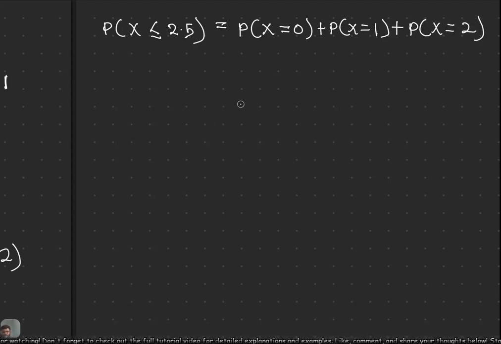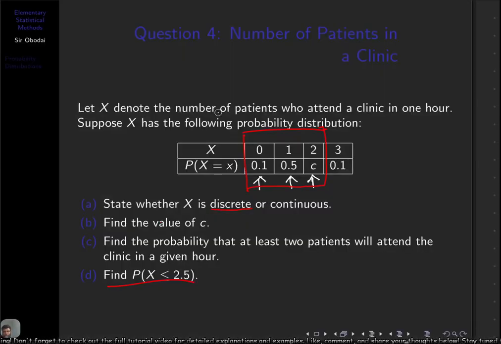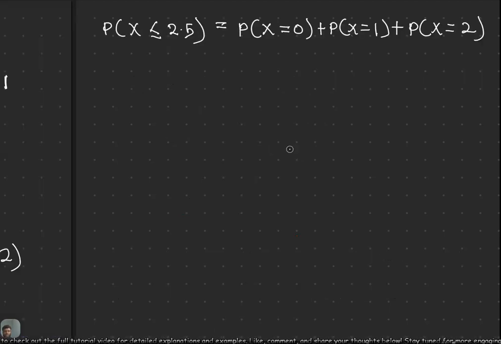From our table, 0 was 0.1, 1 was 0.5, and then our C corresponds to the 2.